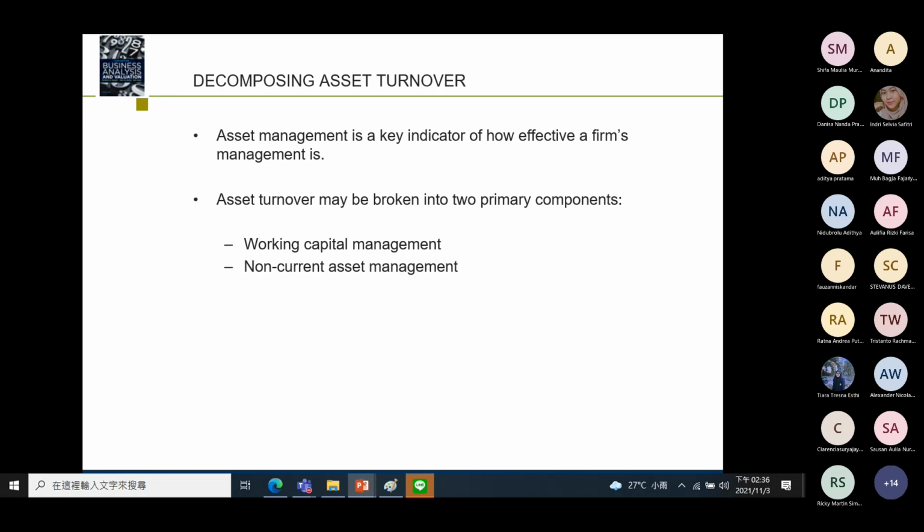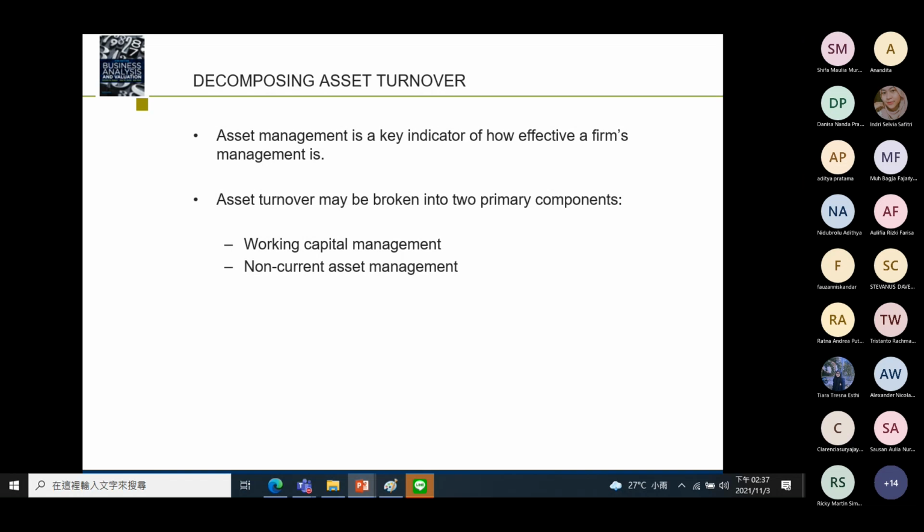However, the definition does not distinguish between operating components such as trade receivables, inventory, and trade payables, and the financing and investment components such as excess cash, marketable securities, and notes payable. An alternative measure that makes this distinction is operating working capital, as defined in the table.